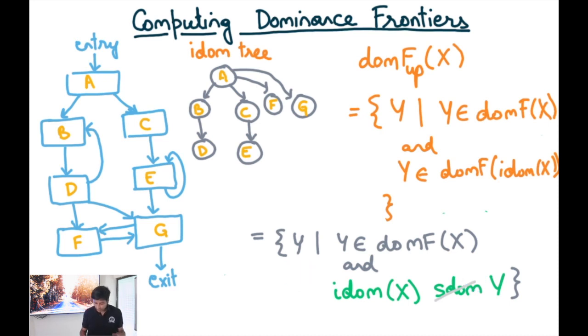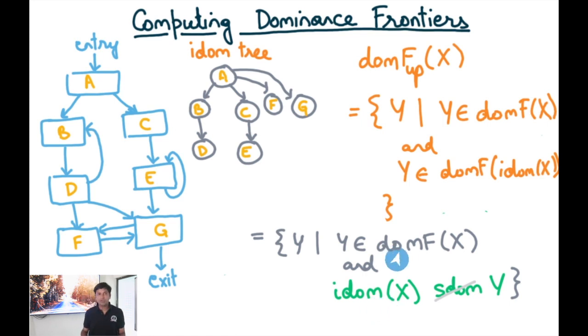And so domF up of X is basically all the nodes that belong to the dominance frontier of X, and they are not strictly dominated by the parent of X, or the immediate dominator of X. And so this is pretty easy to check.